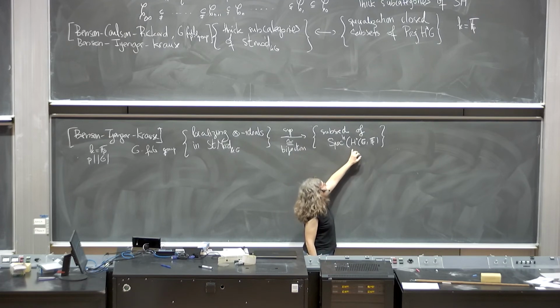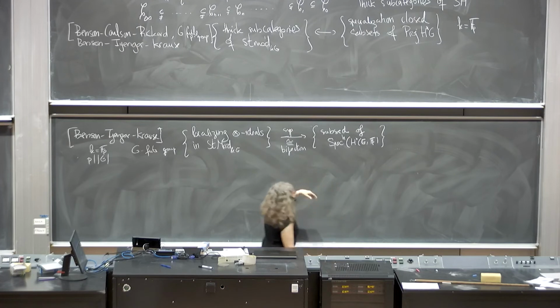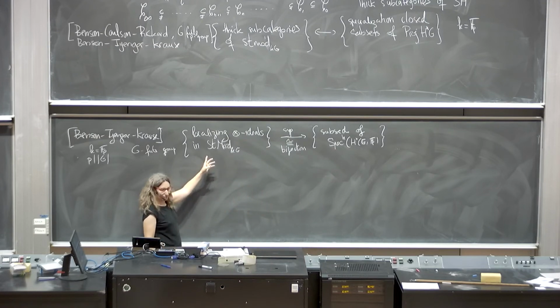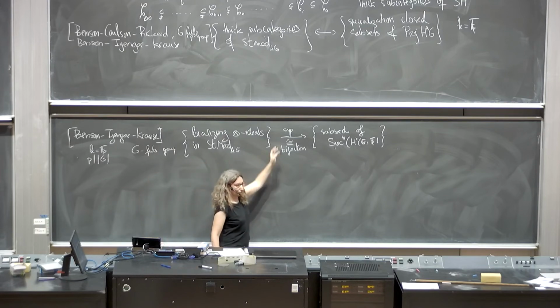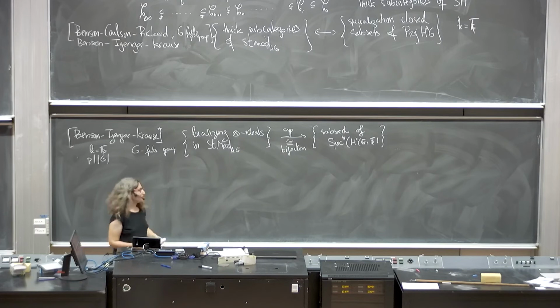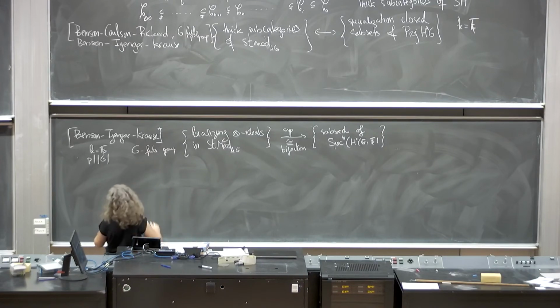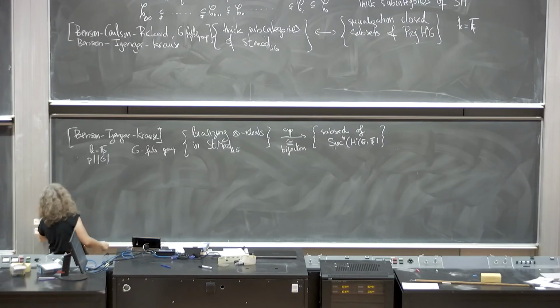Any subset of the homogeneous prime ideal spectrum of the cohomology of G. So you just take any subset, and you know that there exists a unique localizing tensor ideal which corresponds to this subset through this theory of support.